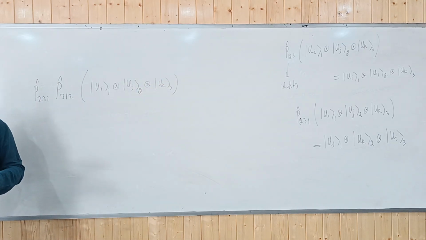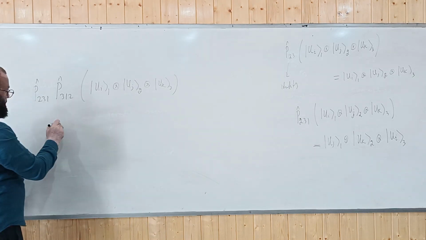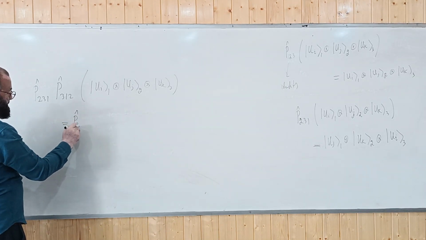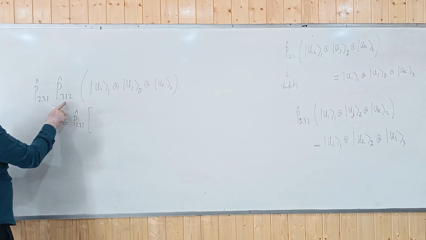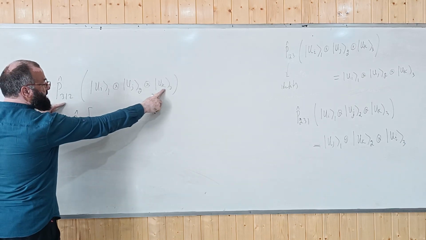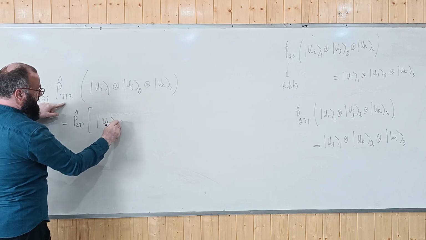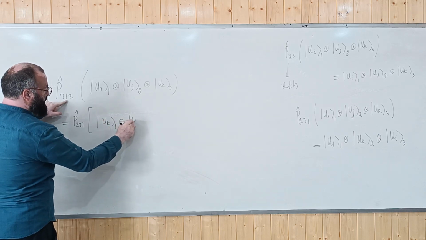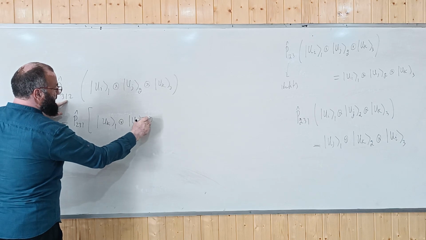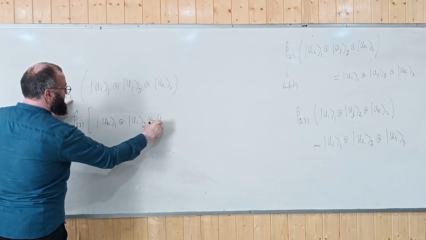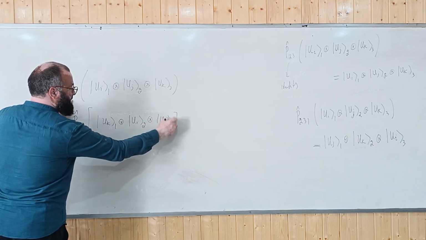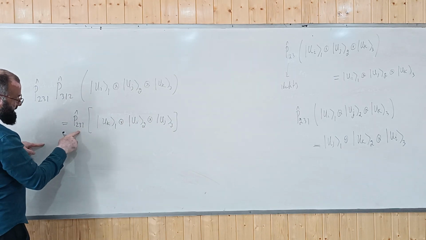Let's check. You are having P231 there, so apply this. The third you need to bring to the first place. So uk here, then ui at the second place, and at the third place is uj. Clear?